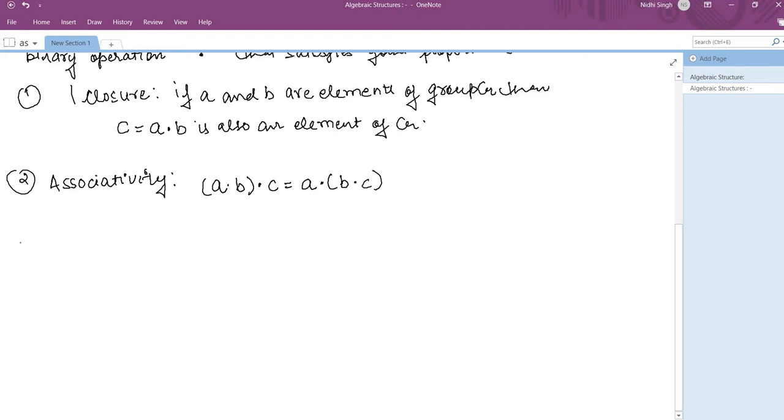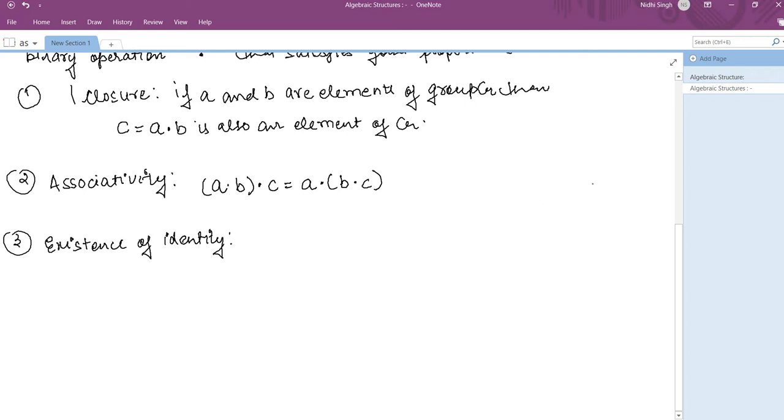Now the third one is existence of identity. What is existence of identity? For all the elements in G, there exists an element E, the identity element, such that if you perform the binary operation between the identity element and any element, you will get the same element.